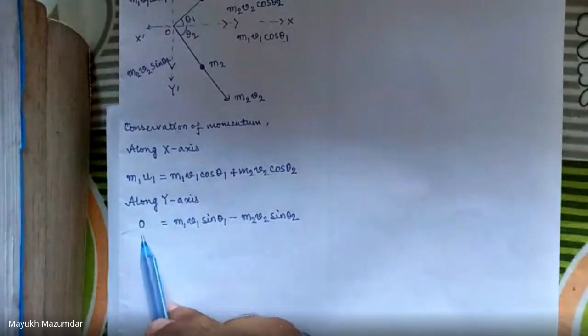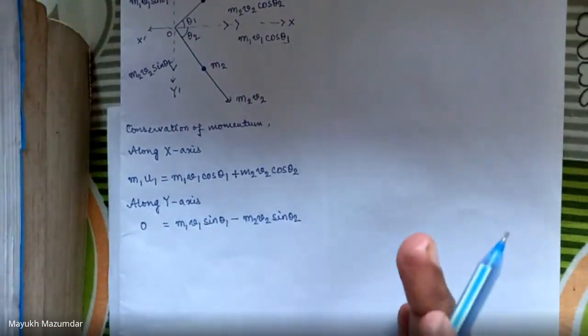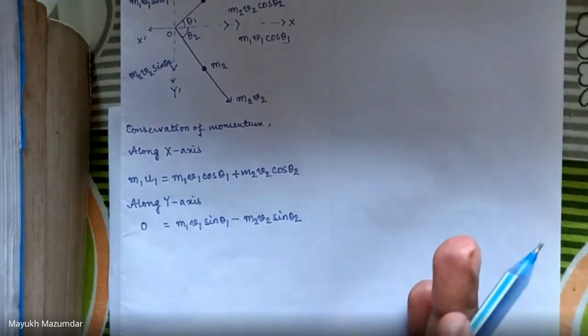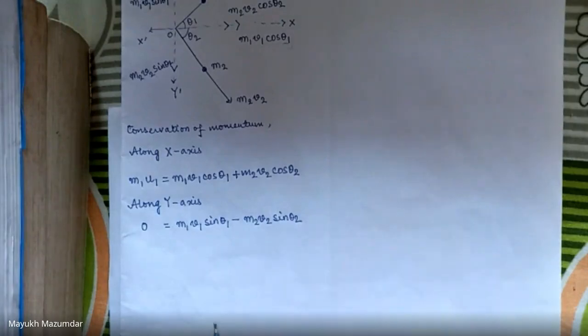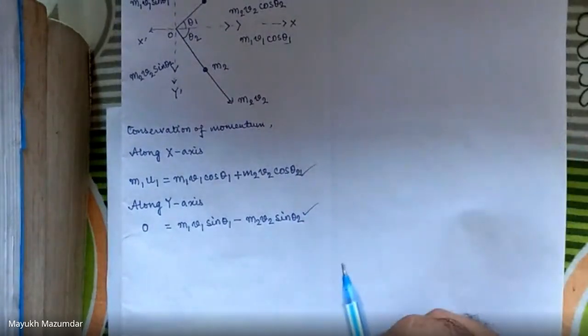Your right hand side is 0. That means the two terms on the left hand side should be equal. Then only it will be 0. So these two equations are coming from the conservation of momentum.